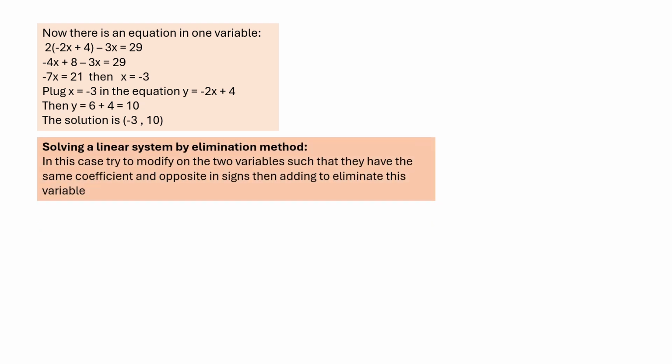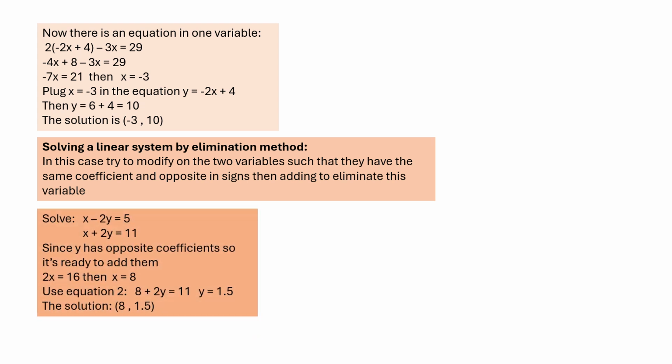Solving a linear system by the elimination method. In this case, try to modify the two equations so that one variable has the same coefficient with opposite signs, then add them to eliminate this variable. Solve x minus 2y equals 5 and x plus 2y equals 11.